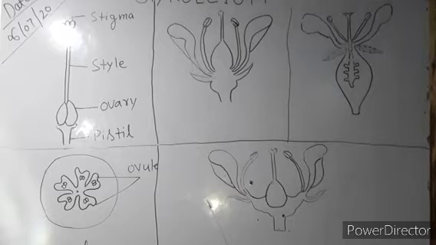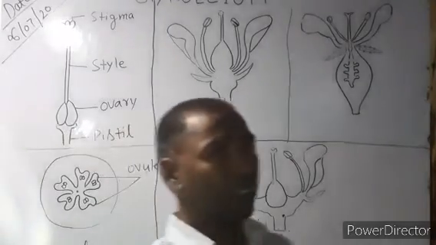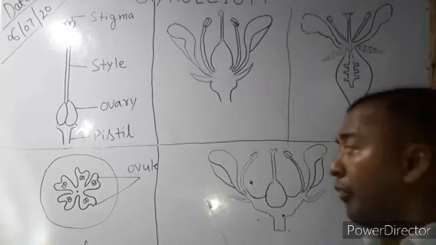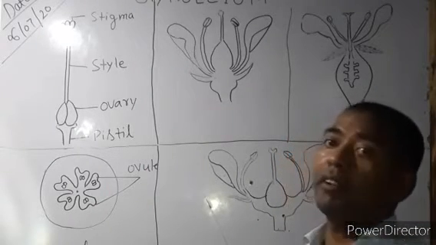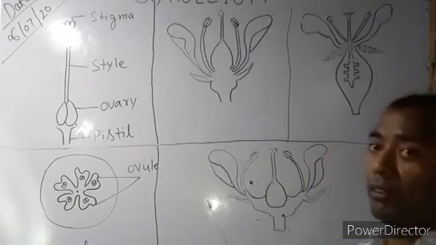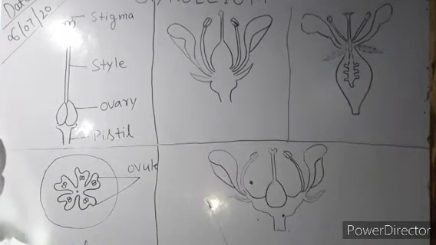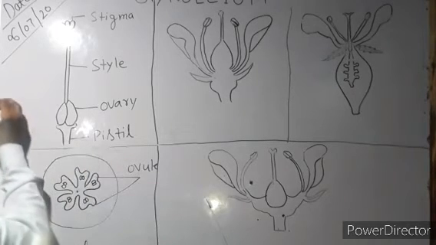There are many types, from one to many gynoecium or carpels. When a flower has one ovary, or one gynoecium, it is called monocarpellary, and peas and beans are examples. You can just write here: monocarpellary.